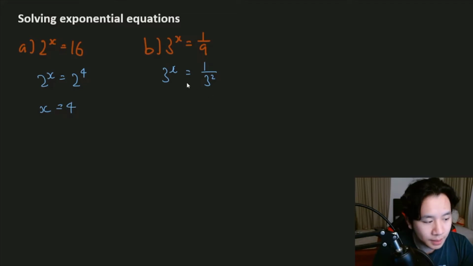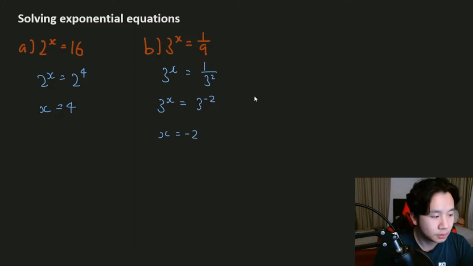And these are the same base, but this is 1 over the number. And so what you can do is this: 3 to the power of x is equal to 3 to the power negative 2, because these two are the same thing. And because these have the same base, you can therefore write x is equal to negative 2.